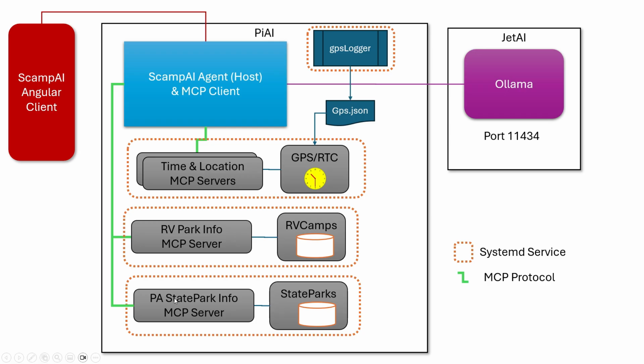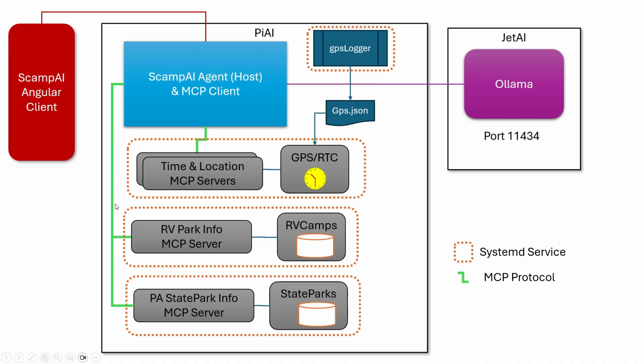Other things here, so there's PA state park information. This will be a service that provides information about what state parks are a certain distance from a location that I pass it. I'll probably pass it a longitude and latitude again, and it'll be able to find state parks. It'll also have some filter capabilities, so I can say, hey, I only want to see state parks that have RV camping.